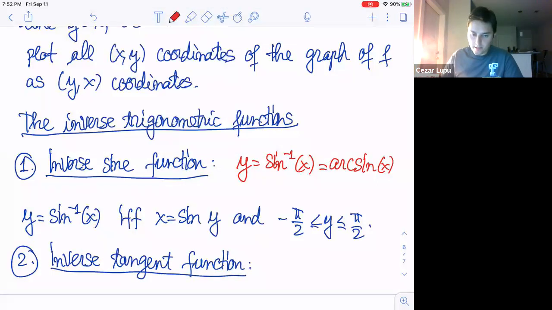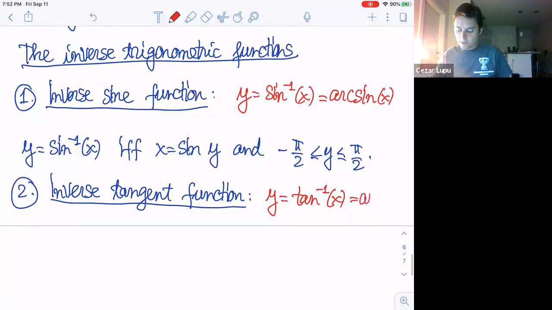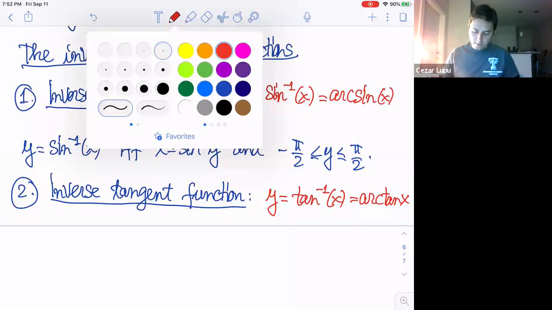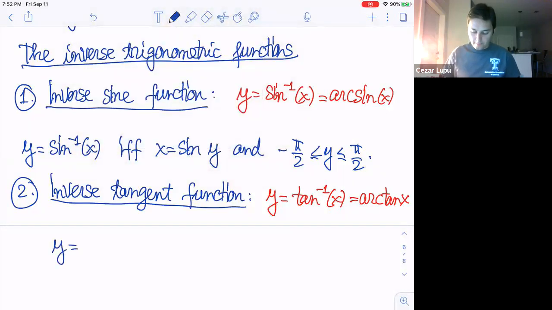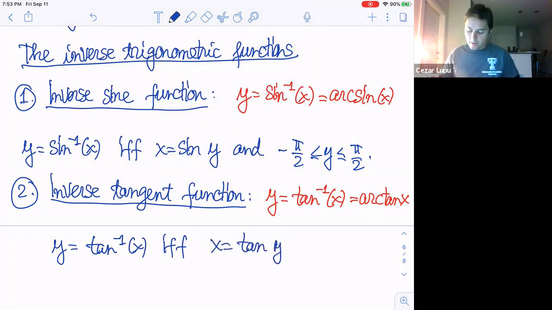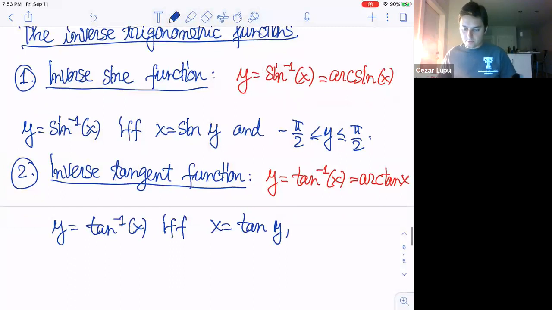We'll write this as y equals tangent to the -1, or you can also write this arc tangent of x. Either way, y equals the tangent inverse if and only if x equals tangent of y. And here we have a restriction as well for y. It's between -pi/2 and pi/2.